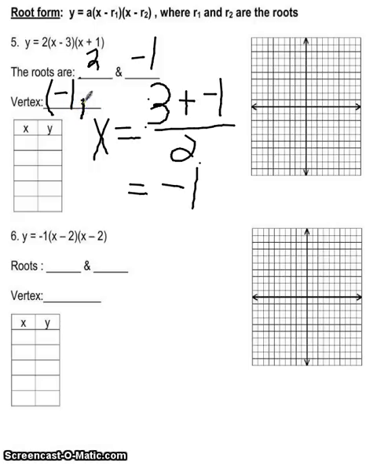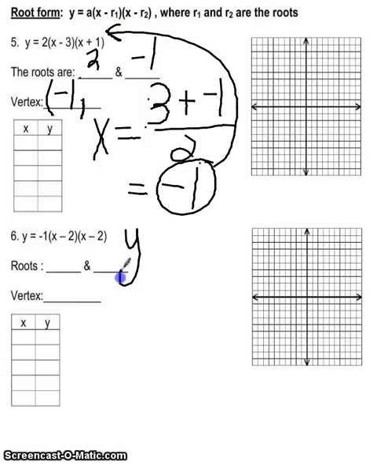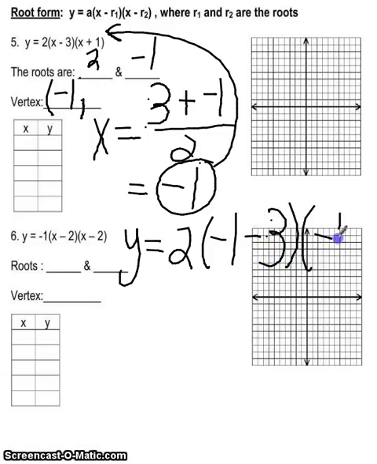Now, in order for me to find what the y value is, I'm going to take this x value that I just found, -1, and I'm going to plug it all the way back into my equation in both places where it says x minus 3 and x plus 1. So let's plug this in. I would have y equals 2(-1 minus 3)(-1 plus 1).